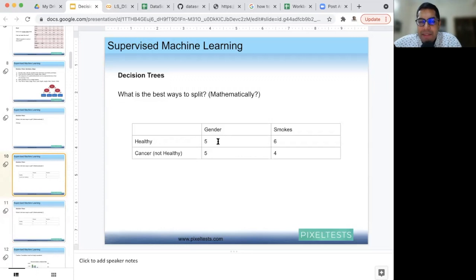So 5 and 4 is very homogeneous. 6 and 4 is very, very highly discriminatory. I want that. I will greedily pick trees or the roots of the trees or the leaves at every point in a way where I can quickly discriminate, quickly differentiate. Why? Because that way I can keep the tree depth smaller.